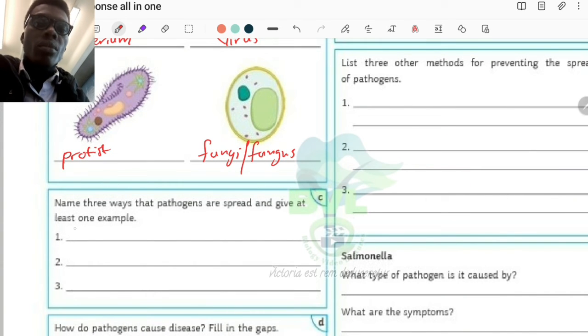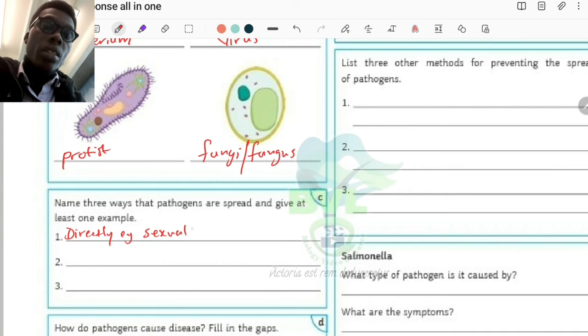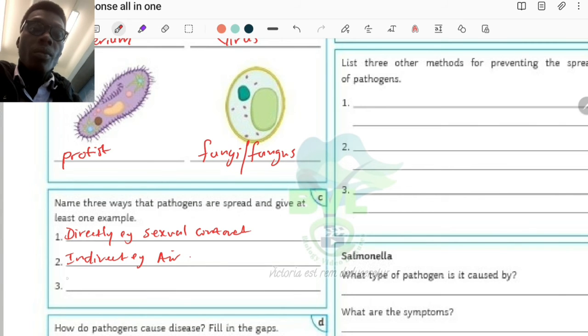All right, so it says name the three ways pathogens are spread and give at least one example. So it can spread directly, that would be e.g. sexual contacts, or it could spread indirectly, e.g. let's say air or say water.